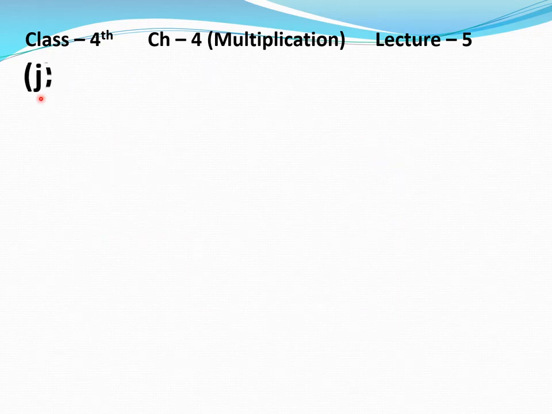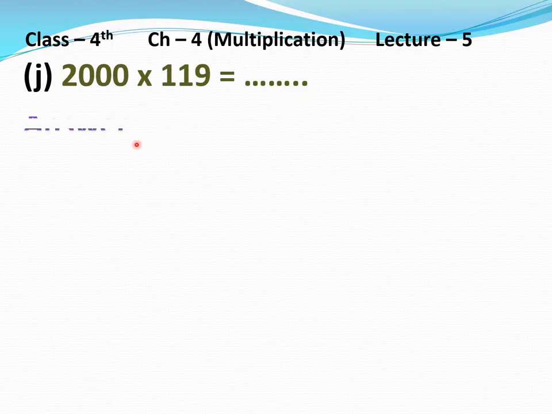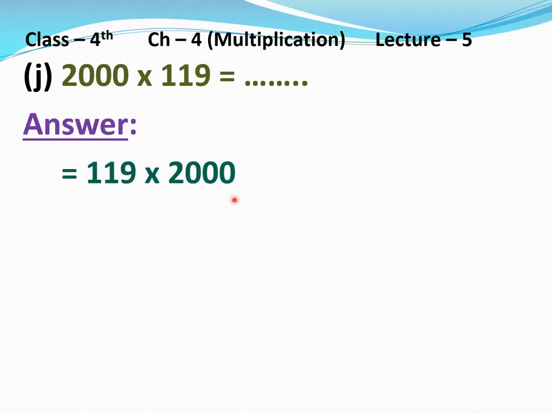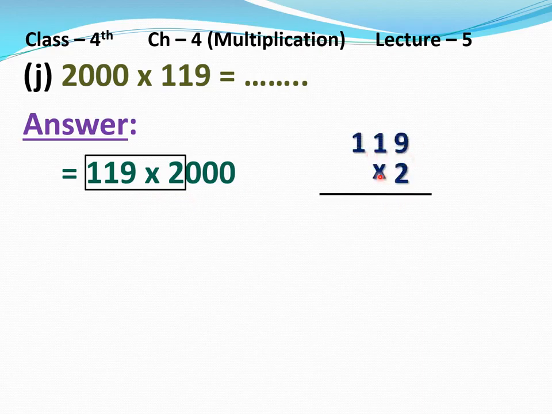Now J part. 2000 multiply 119 equal to dash. Answer, write down equal to 119 multiply 2000. Okay, we will rearrange these. First we will write 119 and then we will write 2000. Now first multiply 119 by 2 and then place 3 zeros to the right side of the product. So multiply 119 multiply 2.